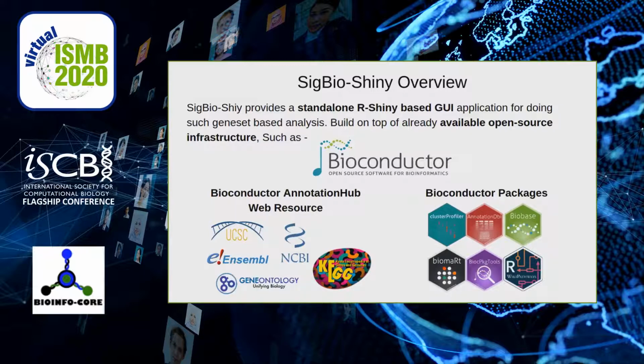It gathers data from the Gene Ontology database, KEGG database, Ensembl, NCBI, and a lot more. And so this helps us get the organism database. And another thing is Bioconductor packages. There are some great packages such as clusterProfiler and AnnotationDbi. These packages help us analyze the data on top of the downloaded organism database.